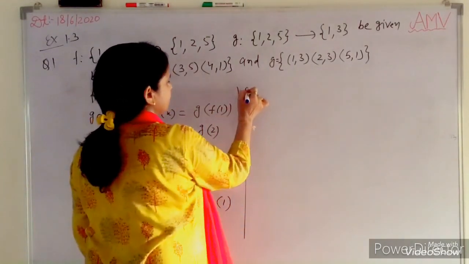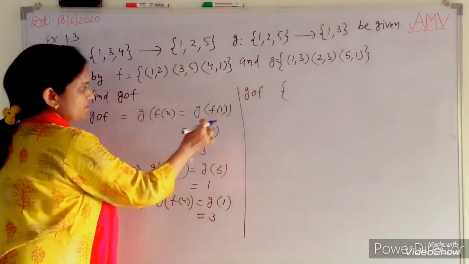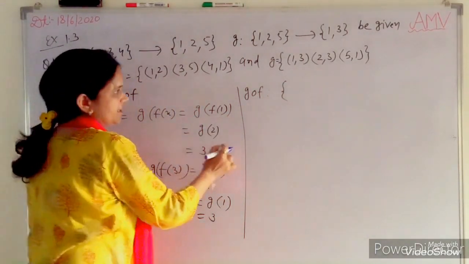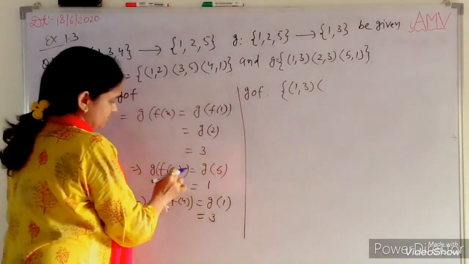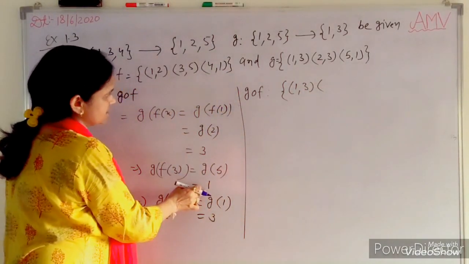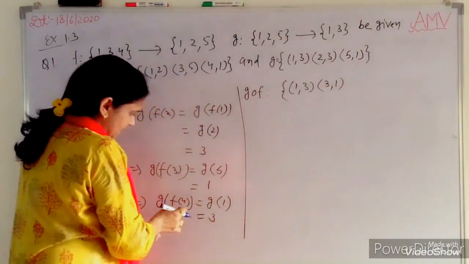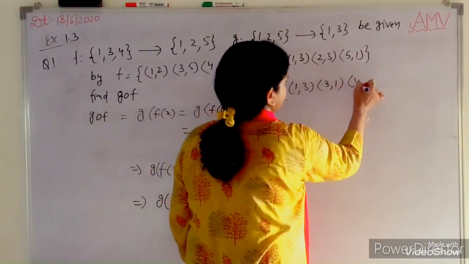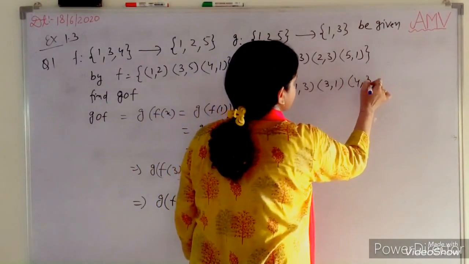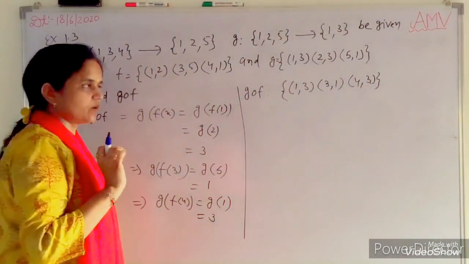So, student, in gof the image of 1 is 3, so we can write (1, 3), and from here the image of 3 is 1, so (3, 1), and the image of 4 is 3, so (4, 3). It is gof.